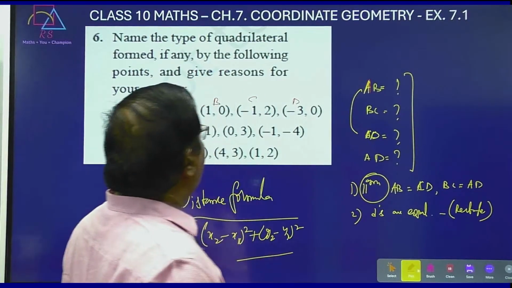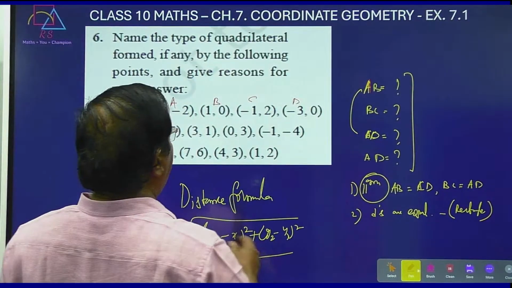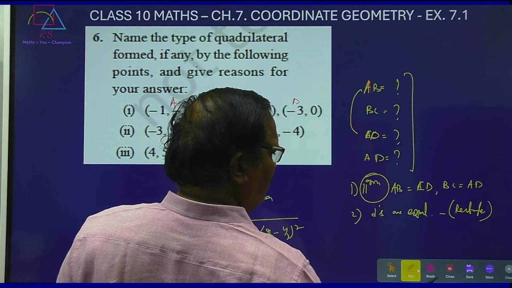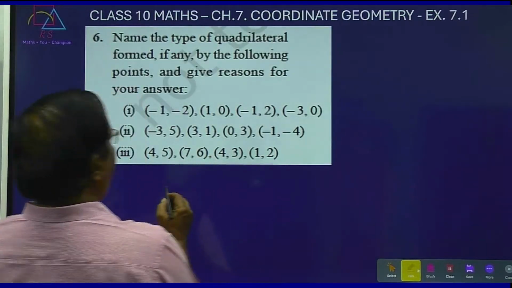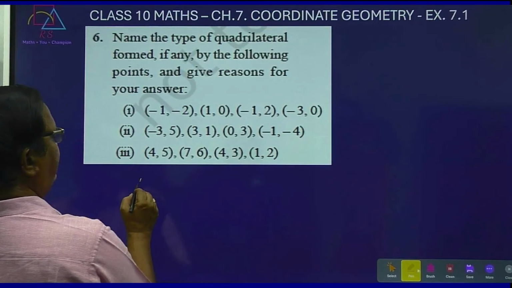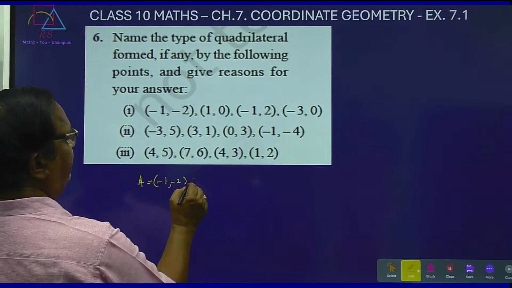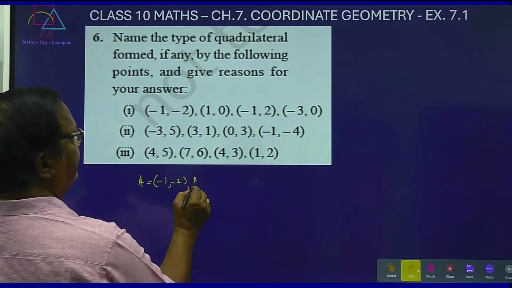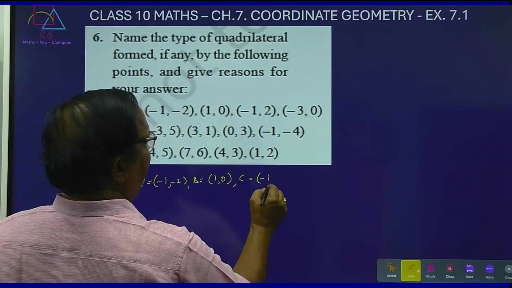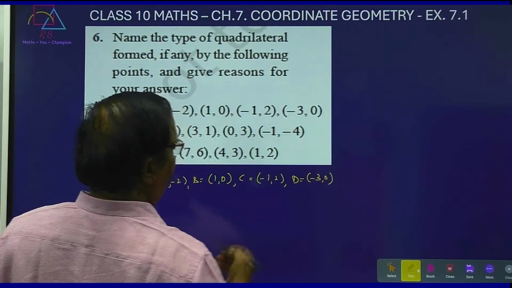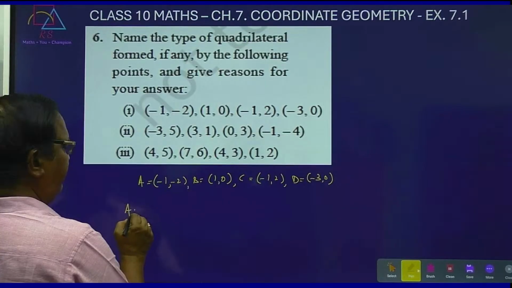Okay. So I am not going to do all, but still I will do one question. A is equal to minus 1 minus 2, B is equal to 1 0, C is equal to minus 1 2 and D is equal to minus 3 0. So first I should find out AB.